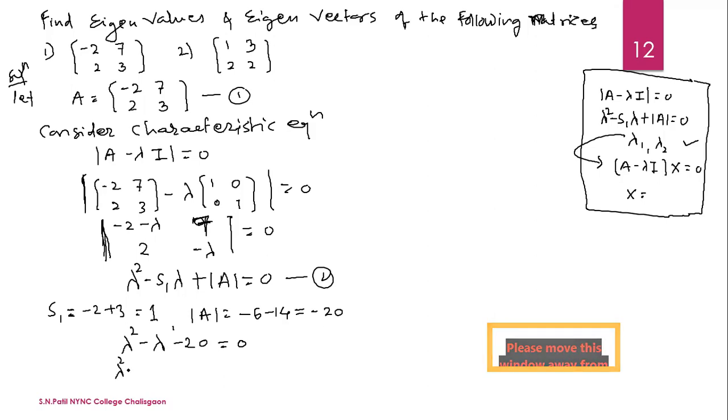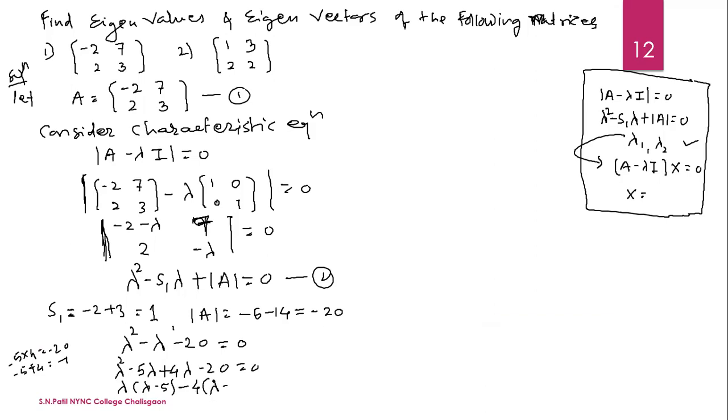The middle term minus lambda can be written as minus 5 lambda plus 4 lambda, since minus 5 into 4 is minus 20 and minus 5 plus 4 is minus 1. So lambda square minus 5 lambda plus 4 lambda minus 20 is equal to 0. Lambda is common in the first two terms, giving lambda minus 5. Take 4 common from the rest, leaving lambda minus 5.